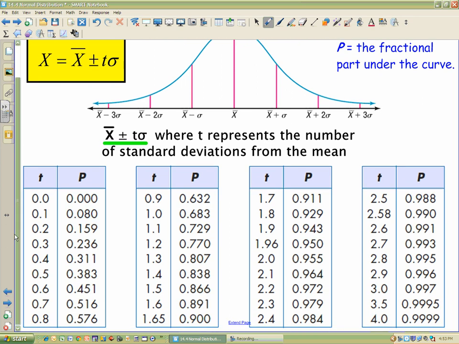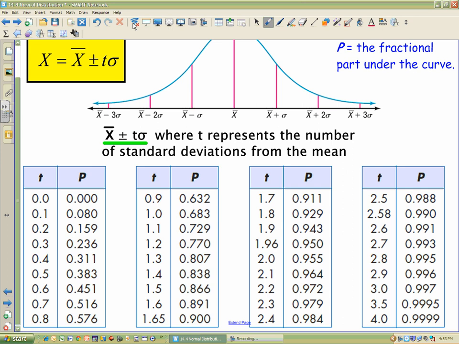And this TP chart represents a percent if I move the decimal point, so 8%, 15.9%, and so on. The P is represented in decimal value, and could also represent percent. And then T talks about standard deviations.